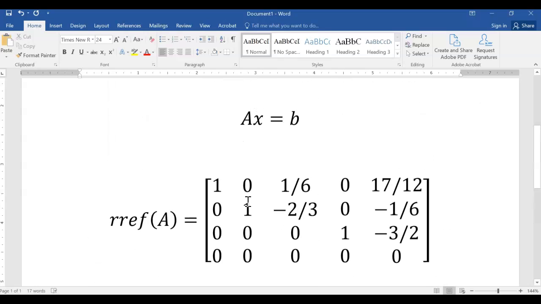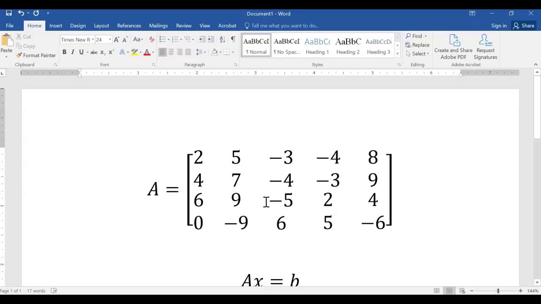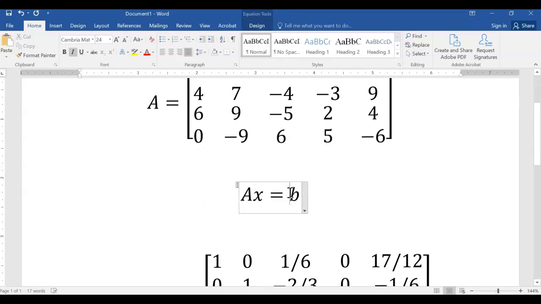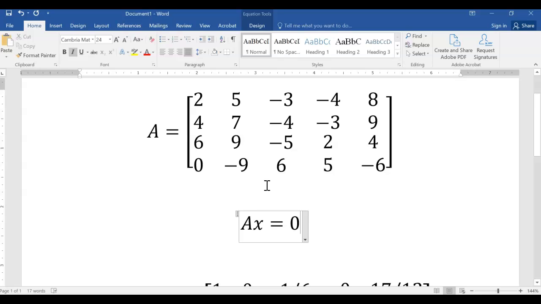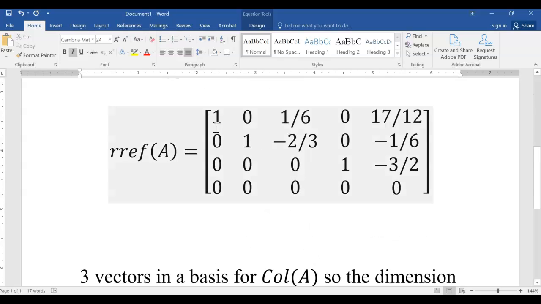Okay? Now, as far as the null space, it is what vectors, when you multiply times A, give you 0. And in order to find non-trivial solutions, we would have also row reduced A. Notice we have one free variable represented in column 3 and one free variable represented in column 5.